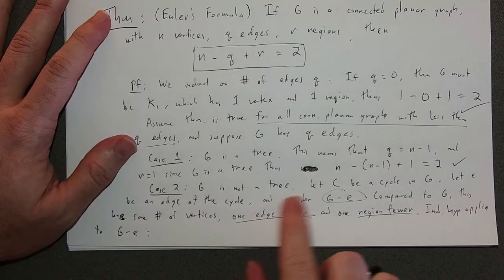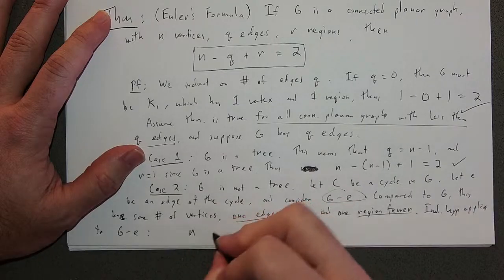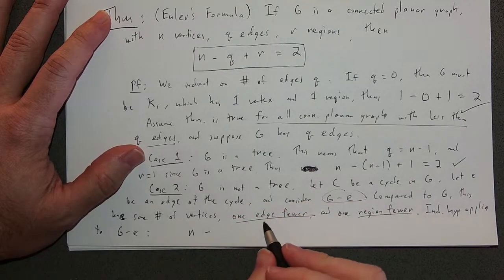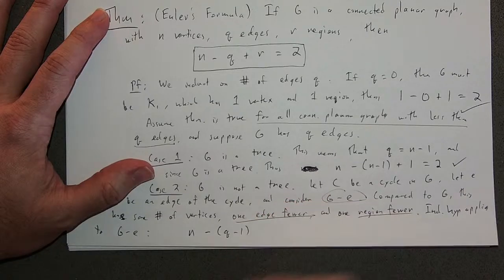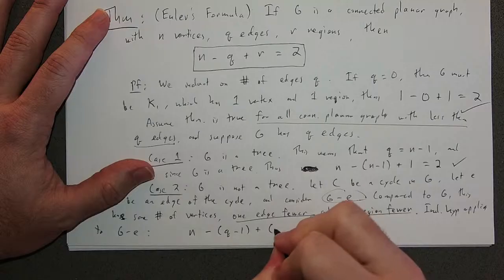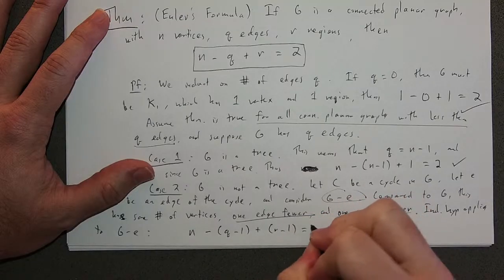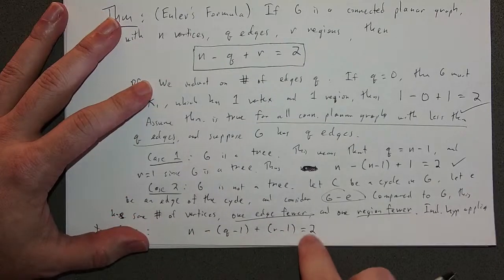For G minus E, it has the same number of vertices, so n minus the number of edges, which is one less, so q minus 1, plus the number of regions, also one less, so r minus 1. We know that this is equal to 2. This is the inductive hypothesis.